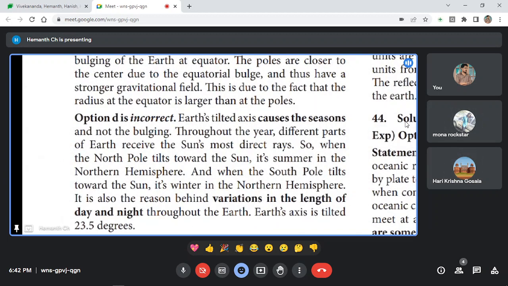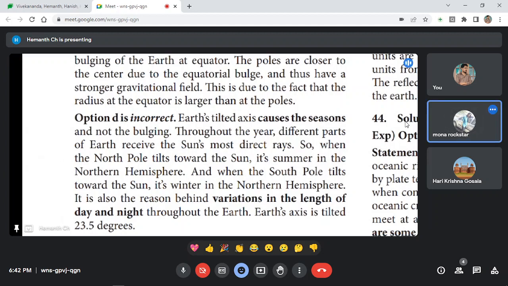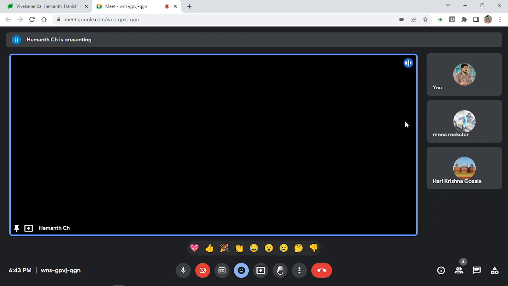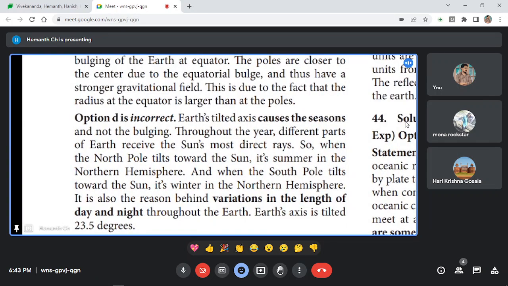Over the year, different parts of the Earth receive the sun most directly. So when the North Pole tilts towards the sun, it is summer in the Northern Hemisphere, and when the South Pole tilts towards the sun, it is winter in the Northern Hemisphere. It is also the reason behind the variation in the length of day and night throughout the year. The axis is tilted by 23 and a half degrees. Next.